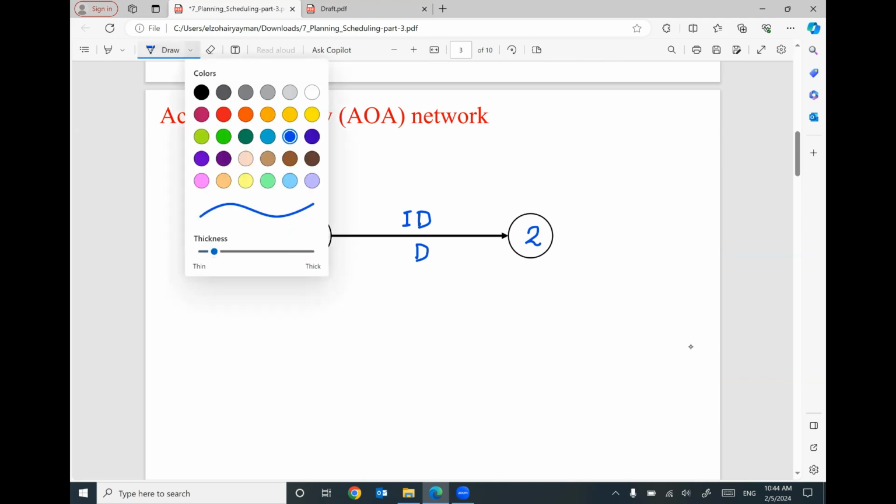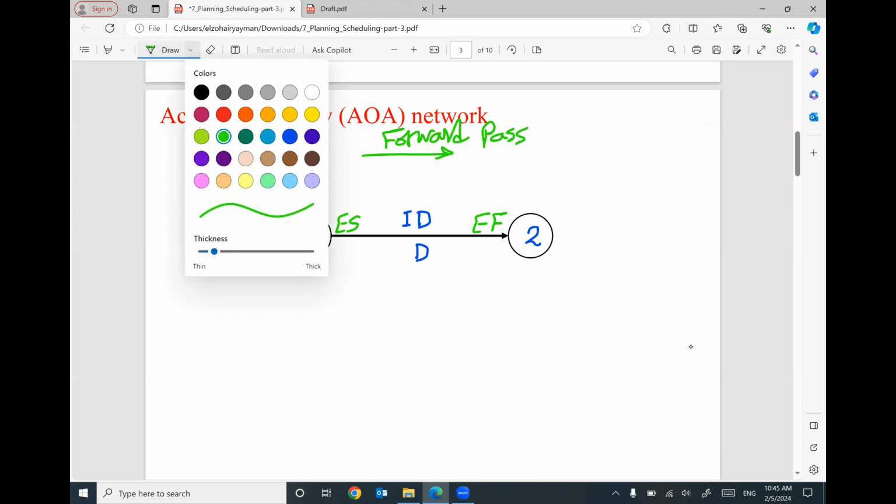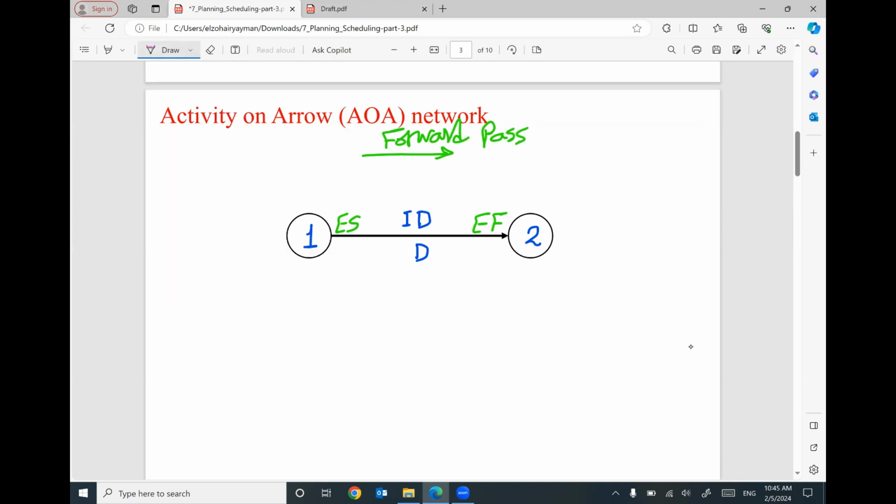Keep in your mind, I will write on this arrow the early start here. If you add early start plus duration, you can get the early finish, if you are moving forward. If you are moving backward, I will have the late finish.